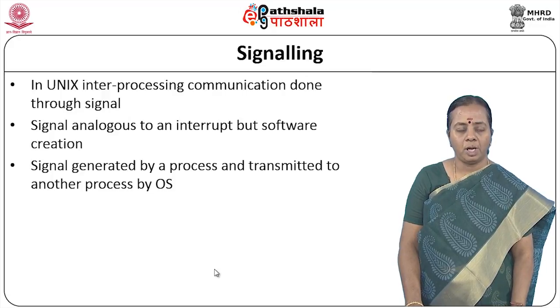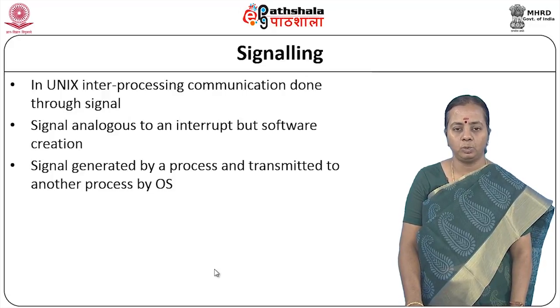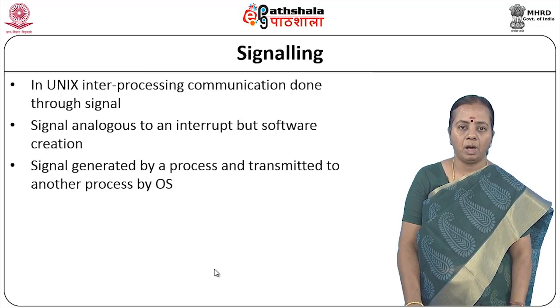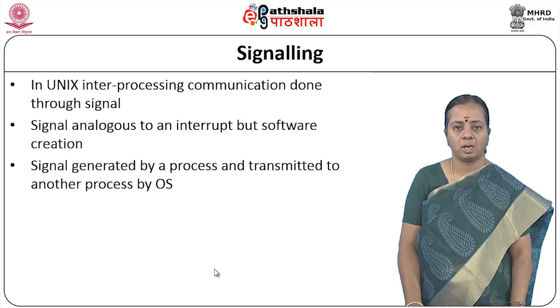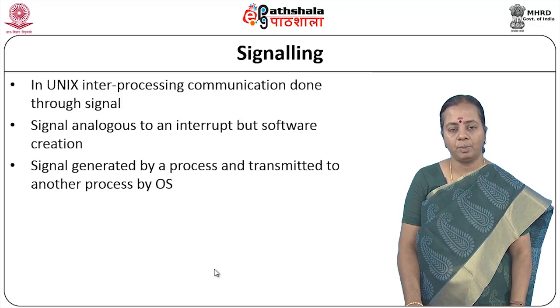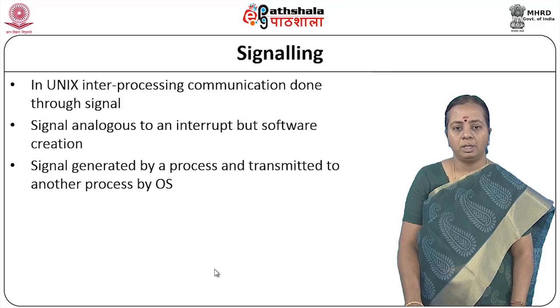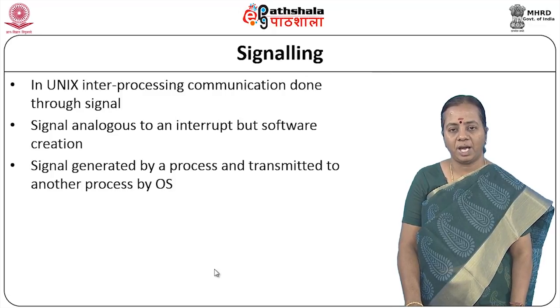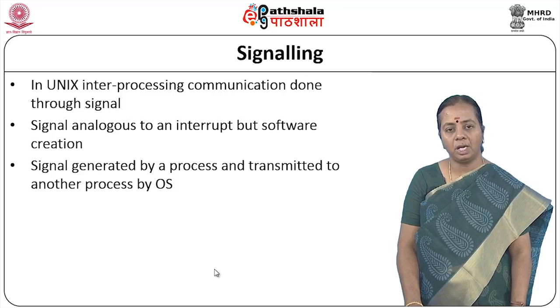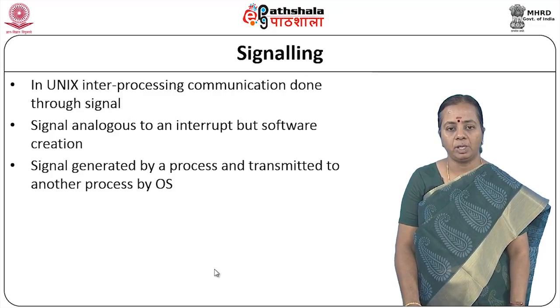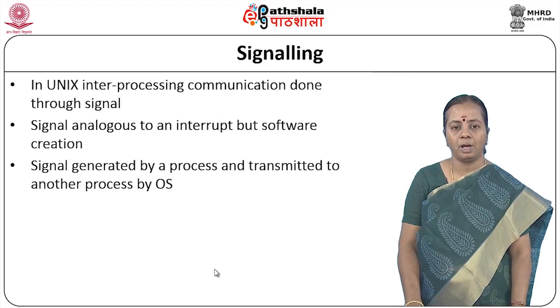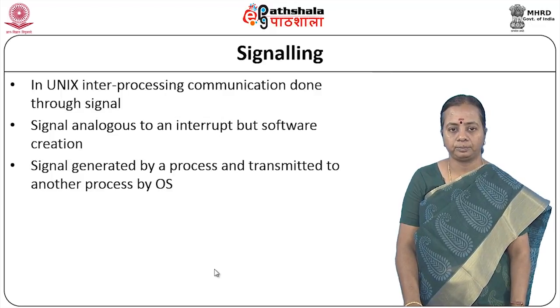Processes communicate through different mechanisms, either blocking or non-blocking. Non-blocking means they do not wait for each other to say yes or no, they just send, like shared memory. In blocking, if I want to send data, I have to ask the receiver, and it has to say, like handshaking, that it is ready, and only then can I send it. That kind of communication is also used in inter-process communication.